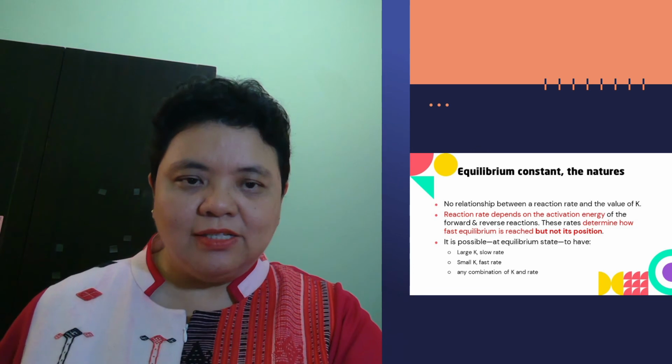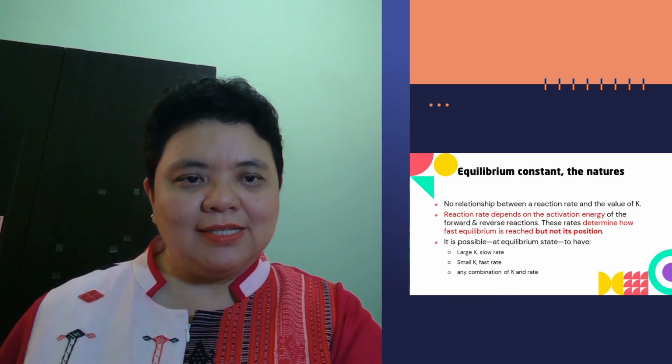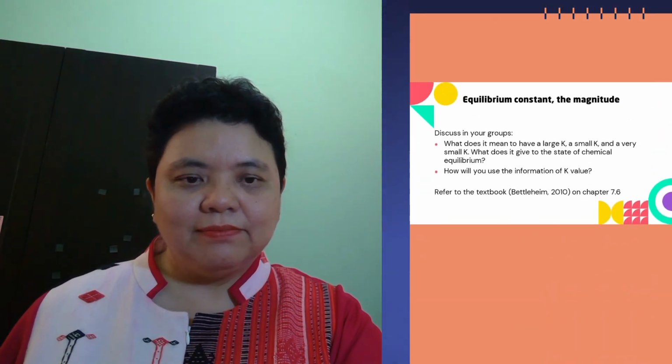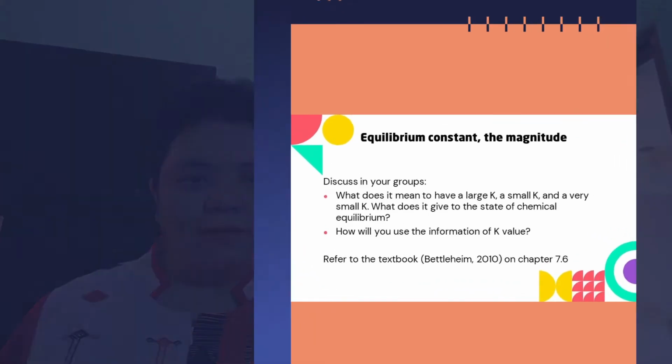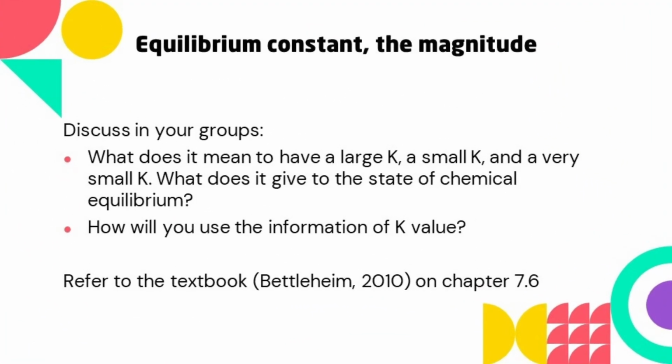What about the magnitude of K? Let's see the next slide. On the magnitude of K, I want you to discuss in your subgroup teams these two questions. The first one: what does it mean to have a large K, a small K, and a very small K?